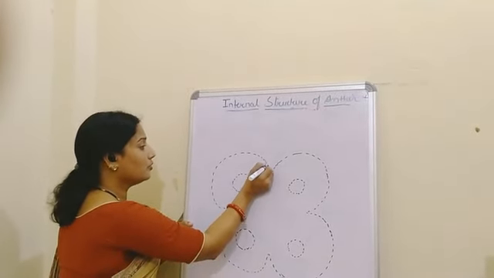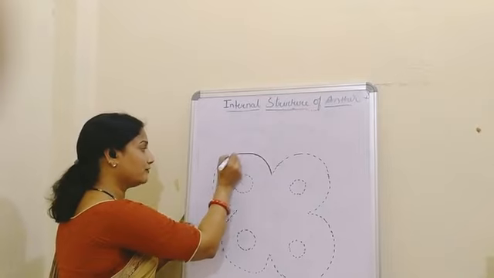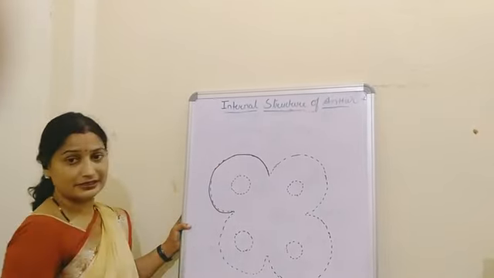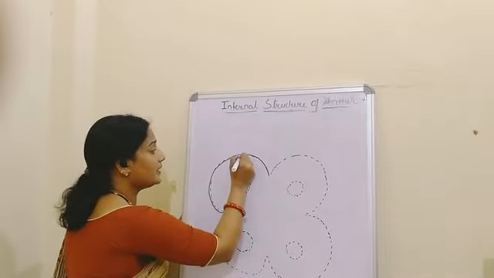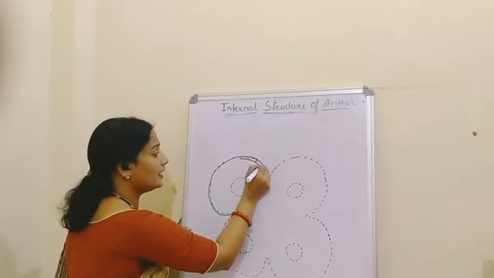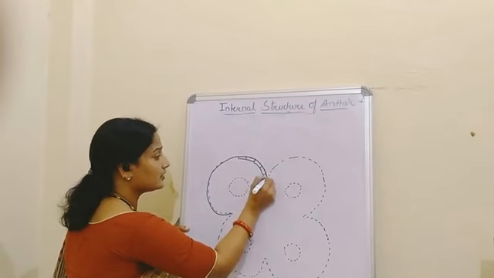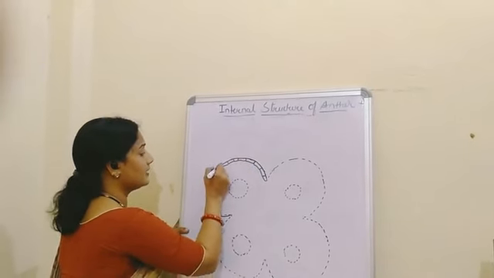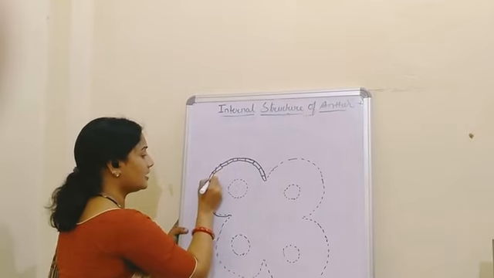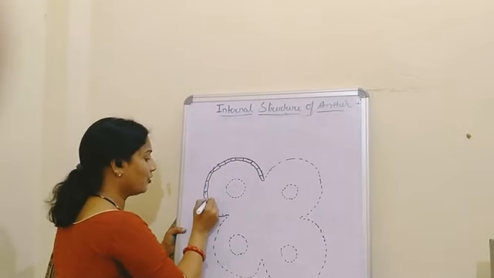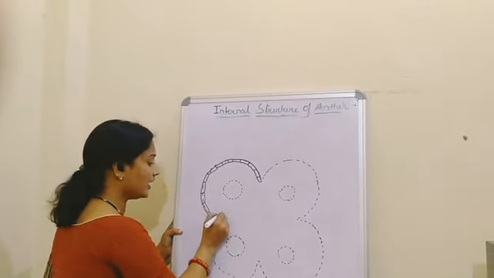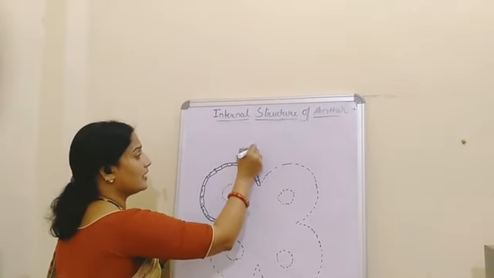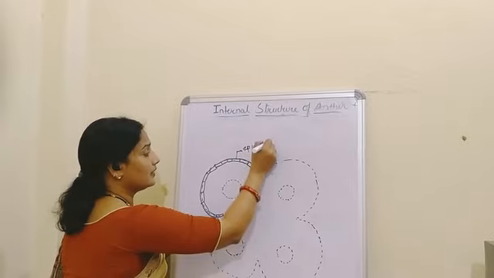Now the outermost layer of the anther is called the epidermis. And this epidermis is a single layer of cells. Single layered cells are arranged and form the outermost layer, and this is called the epidermis.